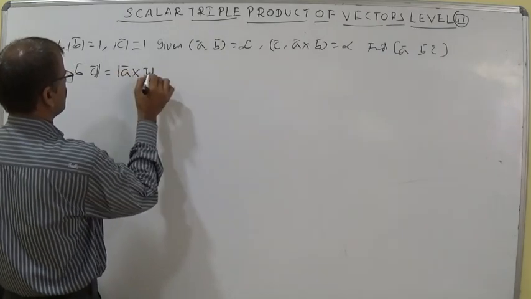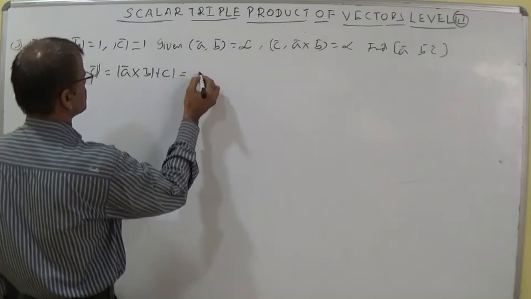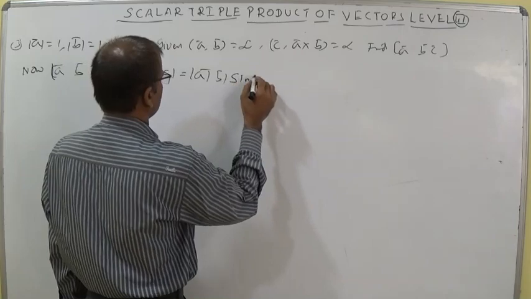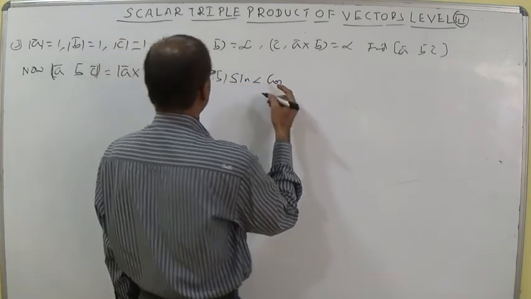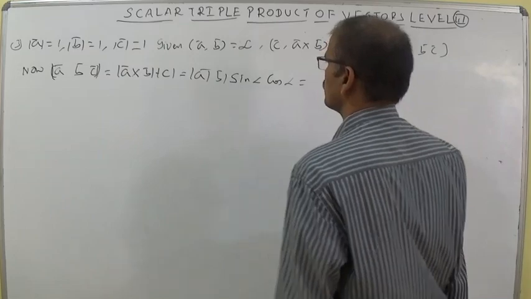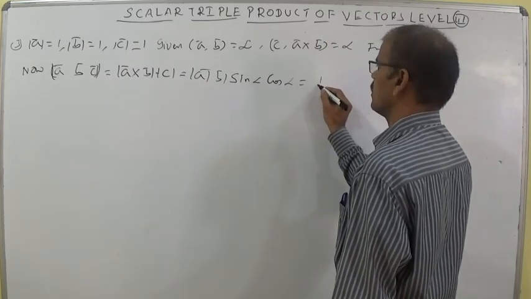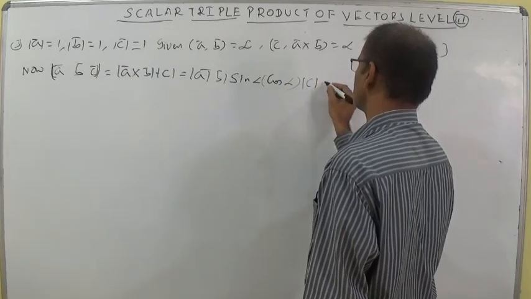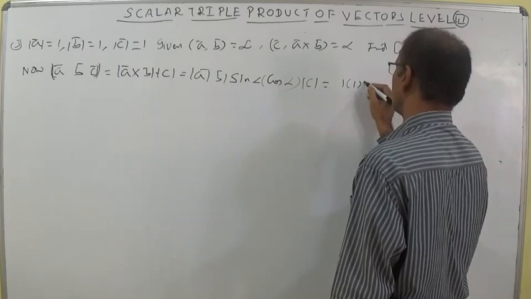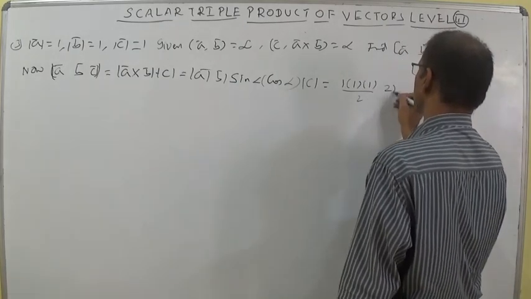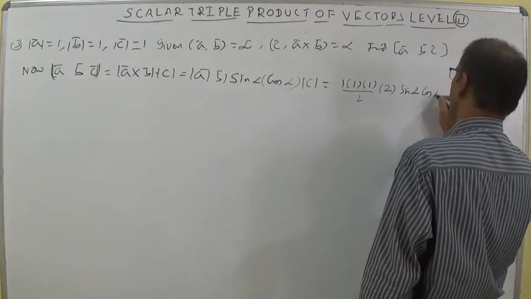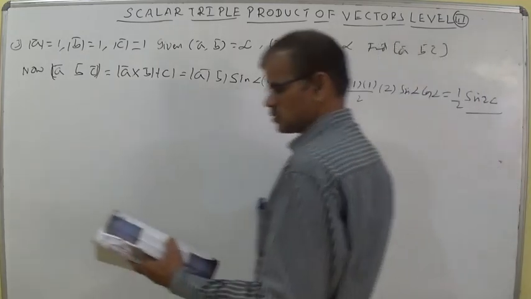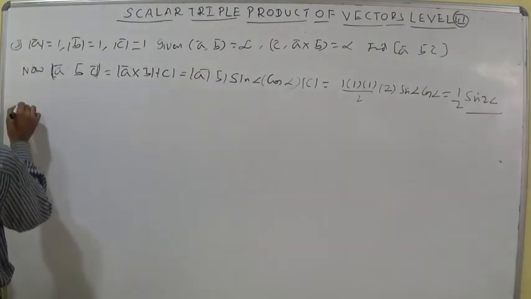That is mod A into mod B into sin alpha into cos of the angle between A bar cross B bar and C, which is cos alpha, times mod C. Mod A is a unit vector, mod B is a unit vector, mod C also. Then you can write 1 into 1 into 1 whole by 2 into 2 sin alpha cos alpha. So you can write here 1 by 2 into sin 2 alpha. That's all. Here option 1.